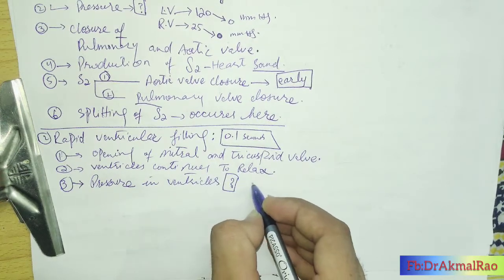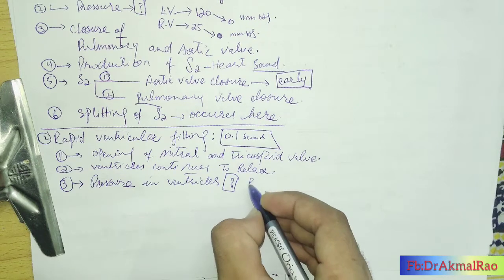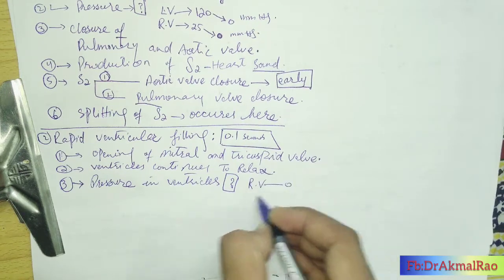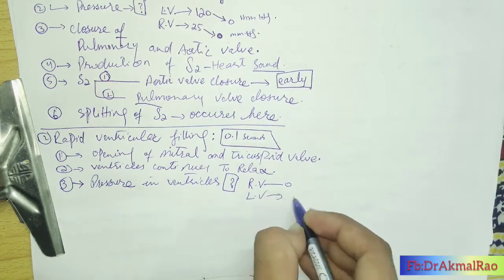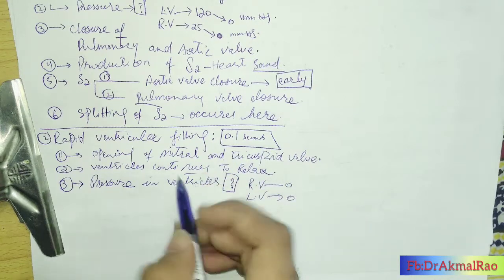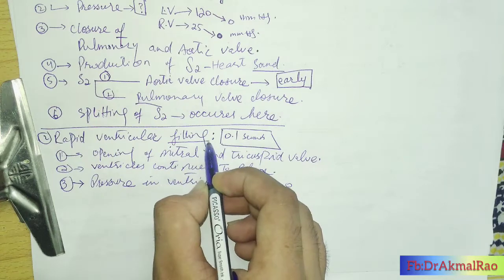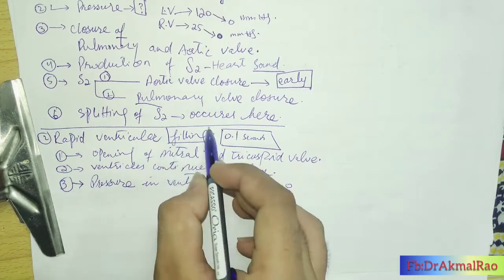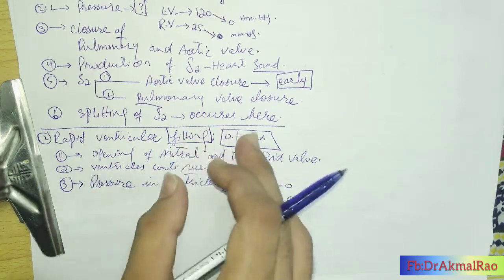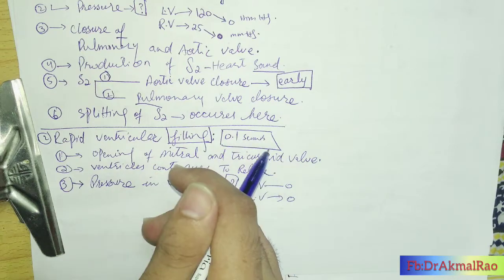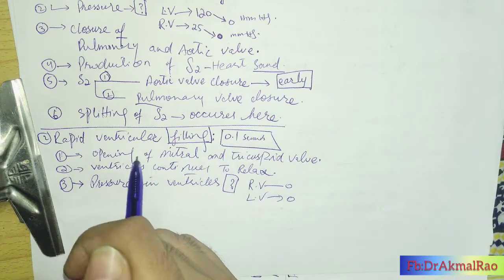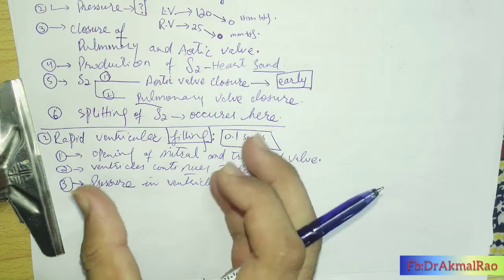The answer is in the right ventricle pressure will be 0, in the left ventricle the pressure will be 0, because these are relaxing just to fill the blood. These are not contracting. The pressure is produced when the ventricles are contracting.